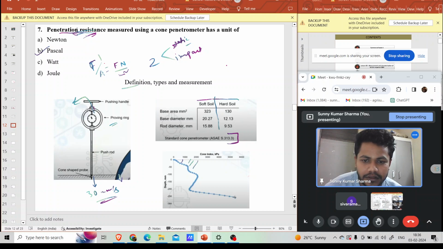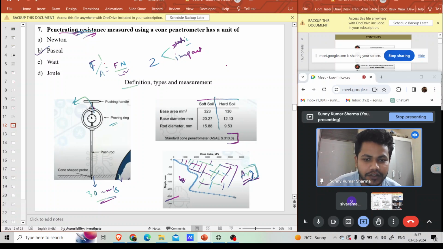If you calculate the area of this curve, in the NPTEL lecture, sir has mistakenly shown this side area. So you correct that: the area should be calculated of this part. This area you have to divide by the depth up to which you are going. So you will get the average cone index, and that cone index also classifies the type of soil in which you are doing the experiment.